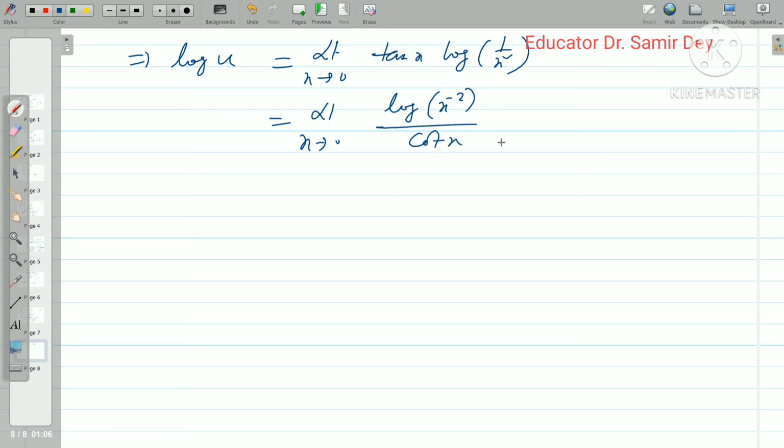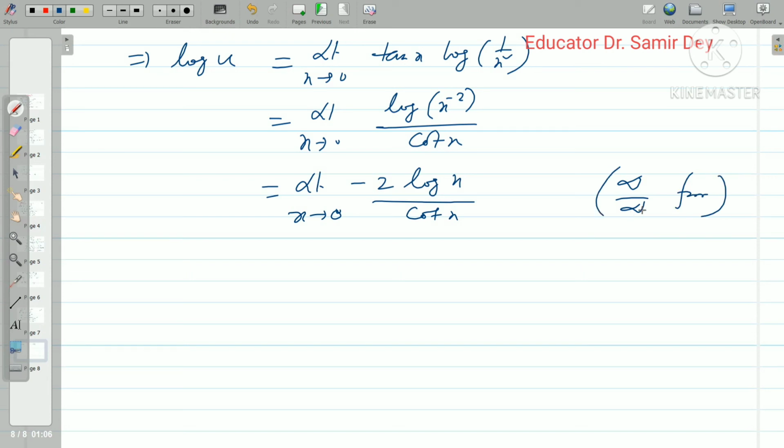Can you write? Limit x tends to 0, that is minus 2 log x by cot x. Now x is 0, log 0 is infinity, so infinity by infinity form you have.